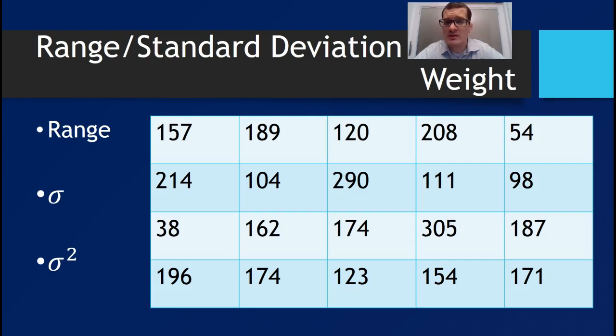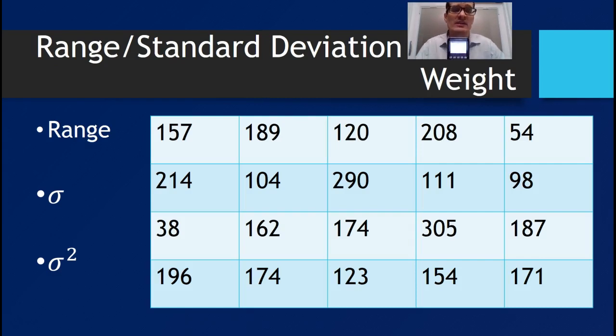And when we turn back to our calculator, what we do sequentially is the exact same thing we did when we were talking about central tendencies. So we're going to take this data set and input it into one of our lists on our calculator.